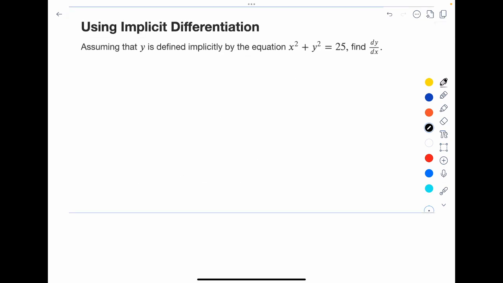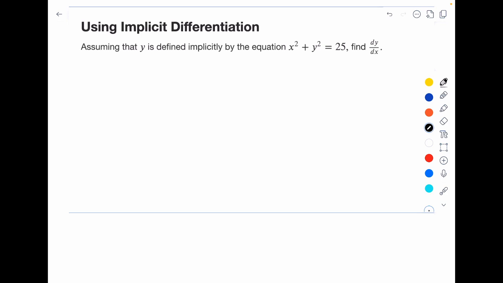Now here we've got an example of implicit differentiation, and there's not enough content here to make a video on it by itself. I'll have to make a new video on that, but this really demonstrates the power of the chain rule. It's very important that you focus here, especially if you're in Pure 3, because this makes a big difference, and this comes up a lot.